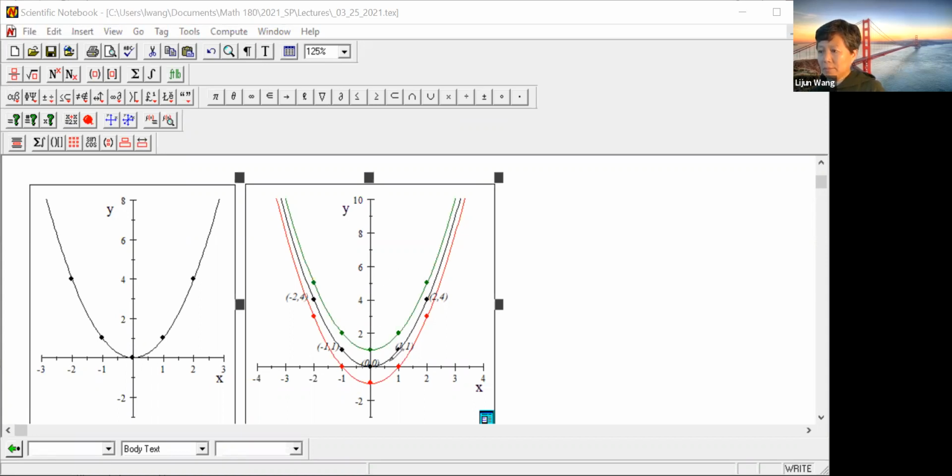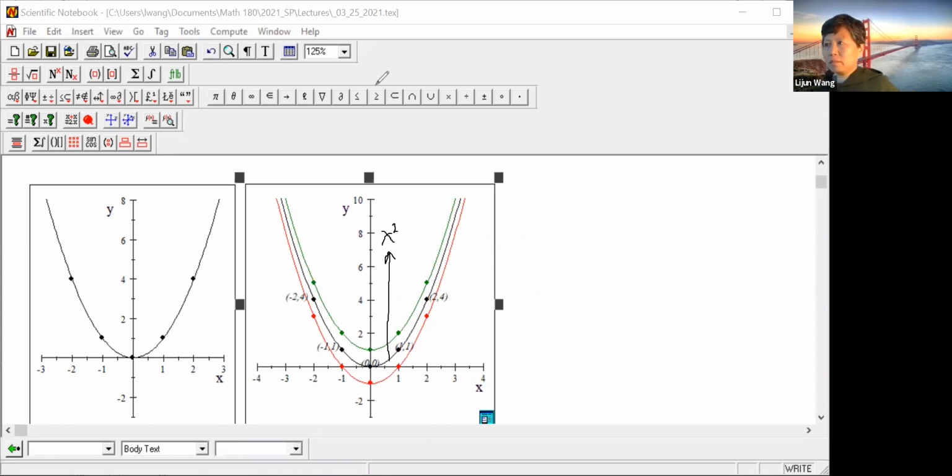The black is x squared, isn't it? Oh, sorry. Can't write well with the mouse. Okay, x squared, right?